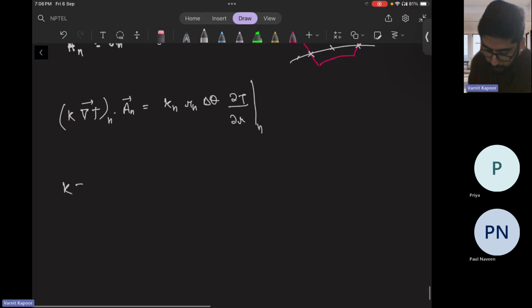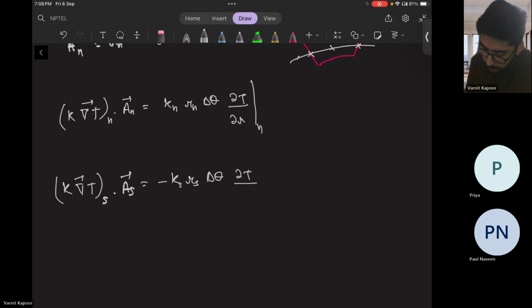And what will be for the south? A south, minus Ks Rs del theta dou T by dou R of south.